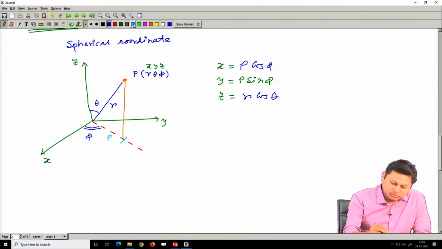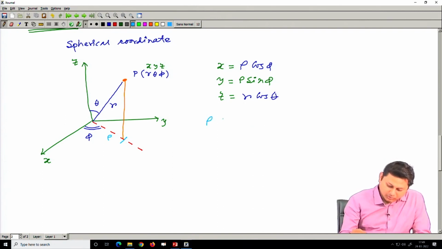Now, what is rho? Because this is rho, and this angle is theta, I can simply write rho is nothing but r sin theta.